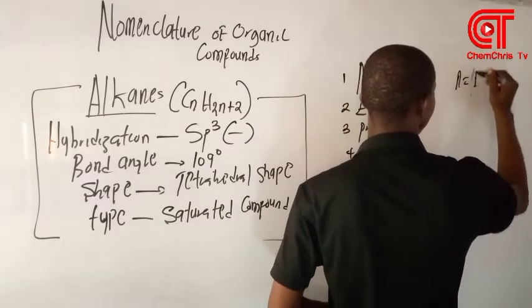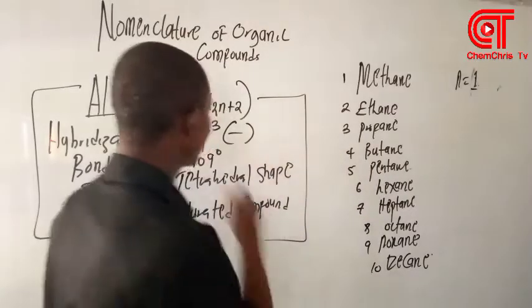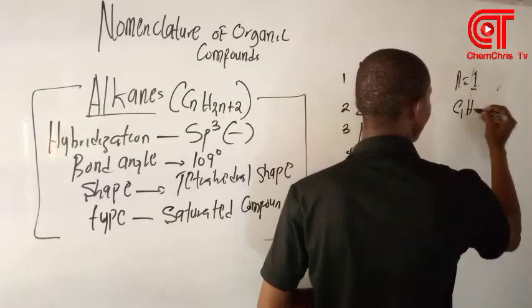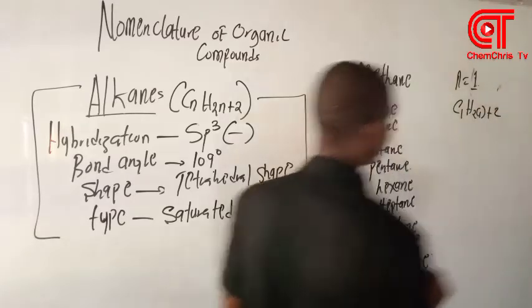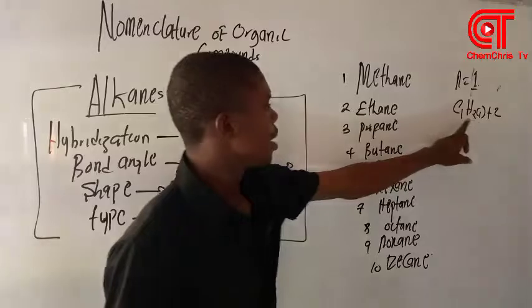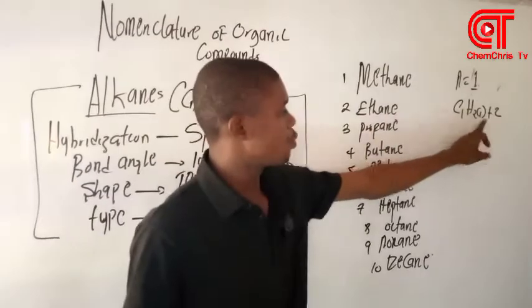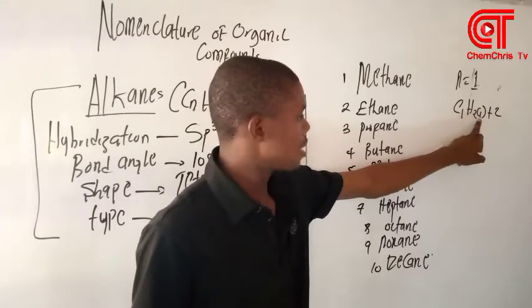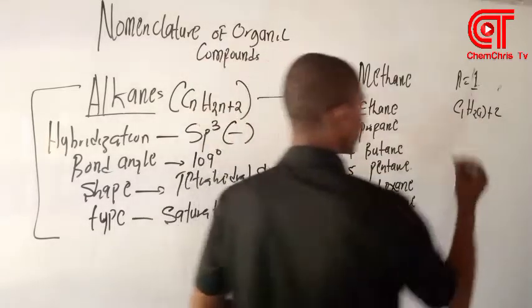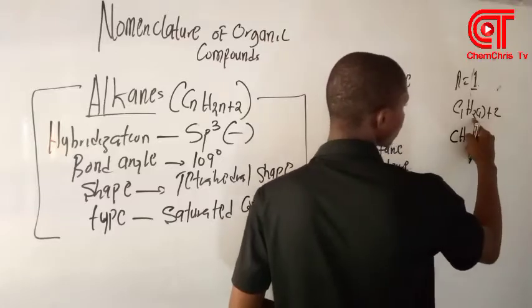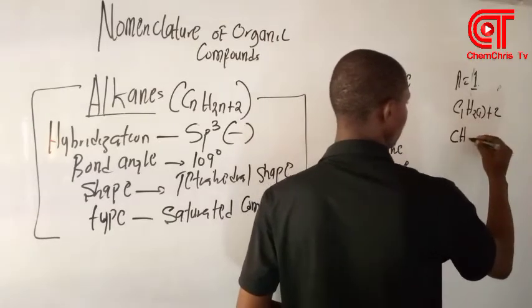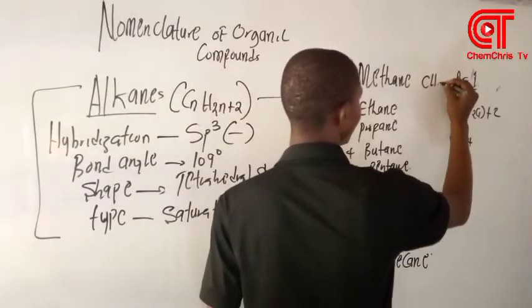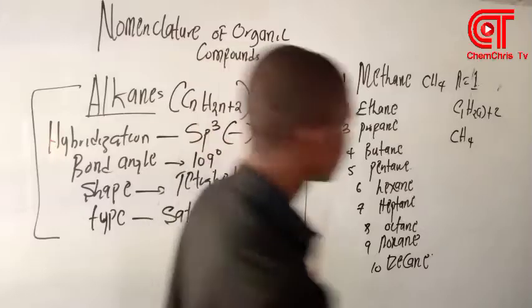If I plug that in, it's going to be C1H(2×1+2). So 2 times 1 is 2, plus 2, which is 4. The molecular formula of methane is CH4. You get?